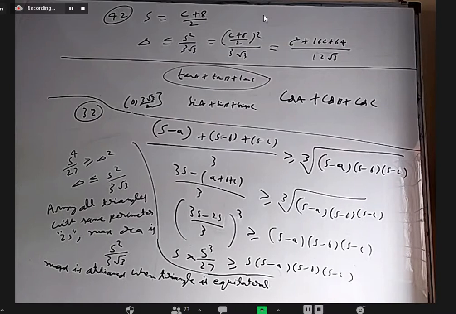Sir, minimum is 3 root 3 by 2. Cos 60 is how much, man? So minimum is 3 by 2, sir. Is 3 by 2 minimum, or do you think it is maximum? 3 by 2 is maximum. And what do you think of minimum? Sir, 1. 3 by 2 is minimum.